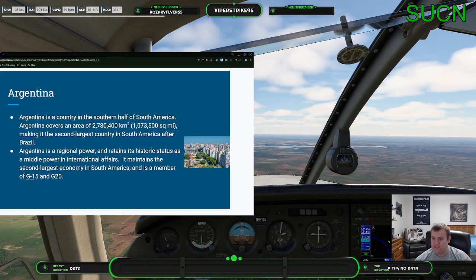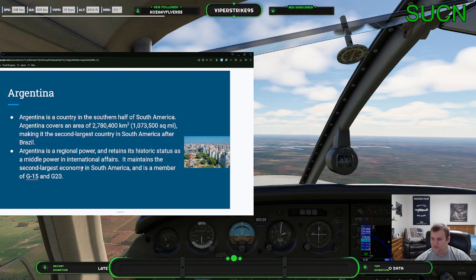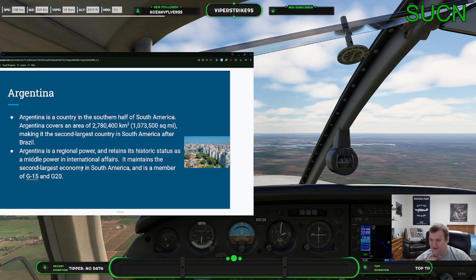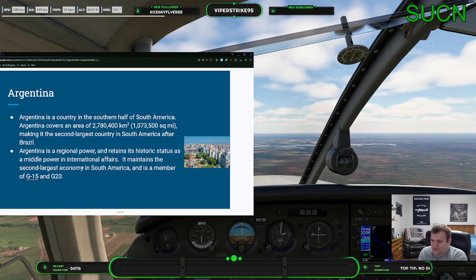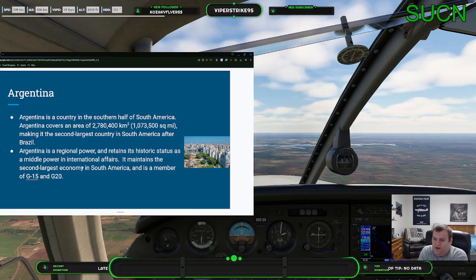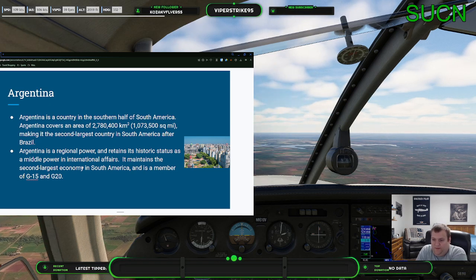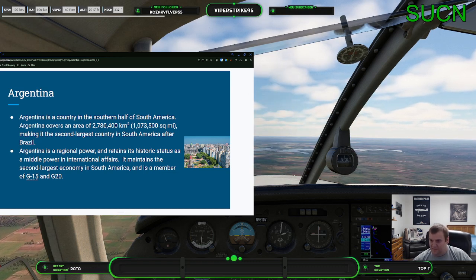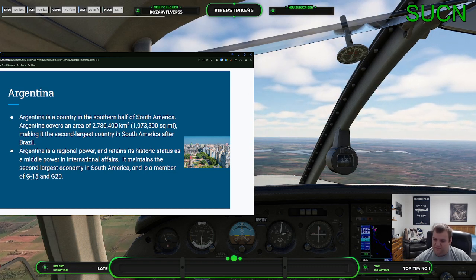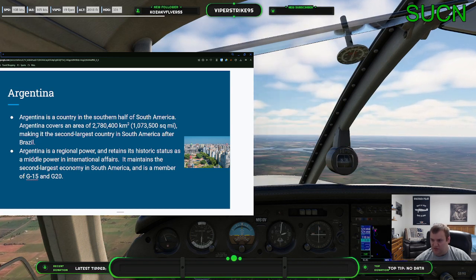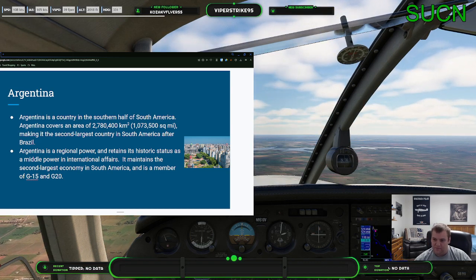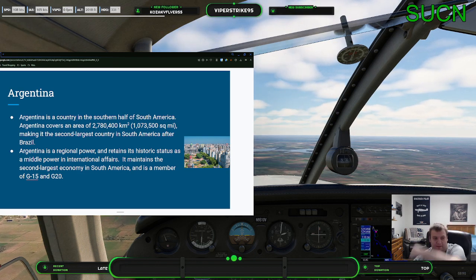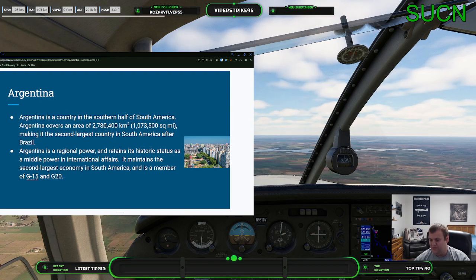But even today, Argentina retains a role as a middle power in international affairs, a major non-NATO ally of the United States, the second highest HDI in Latin America after Chile, the second largest economy in South America, and a member of the G20. So Argentina historically has been a pretty interesting country here in South America. It's definitely the second most important country in the continent behind Brazil, and it has its own unique stamp on much of Latin America.